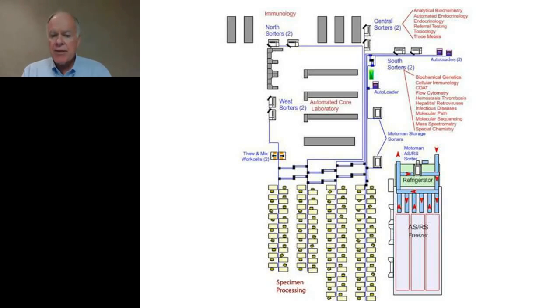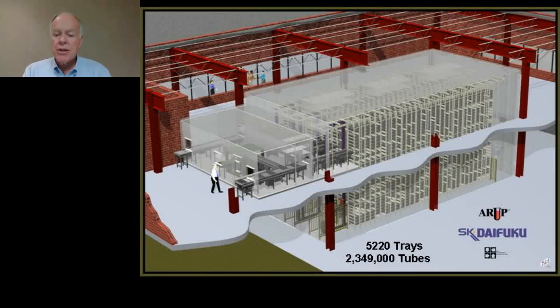So here now you see the expanded track system. Here's all of specimen processing, and there are 8 high-speed sorters sorting the specimens for the tests. And this on the right is the 2-story storage freezer, which is shown in this following slide, just a simple CAD drawing, and you see a figure of an employee at one end where specimens would be retrieved.